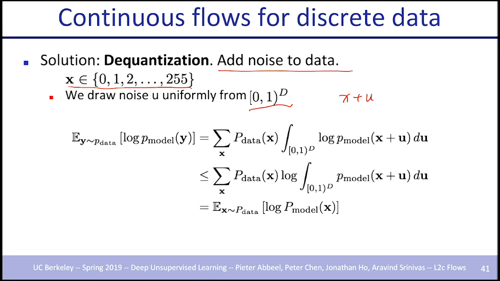If our data is actually categorical, it doesn't get us anywhere, right? Like if it's not discrete values that are pixels, but, I don't know, my gender or something. One can argue that you might not want to use a continuous model to fit that anyway, but this can still allow you to fit it. You can still count the probability mass under this model.